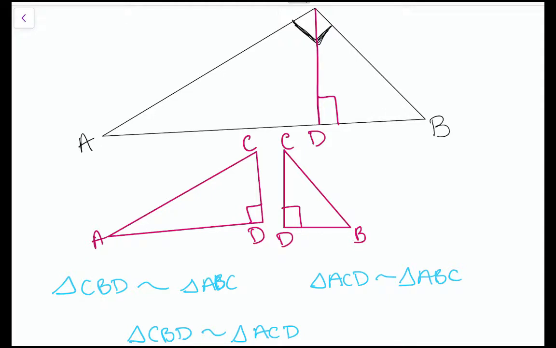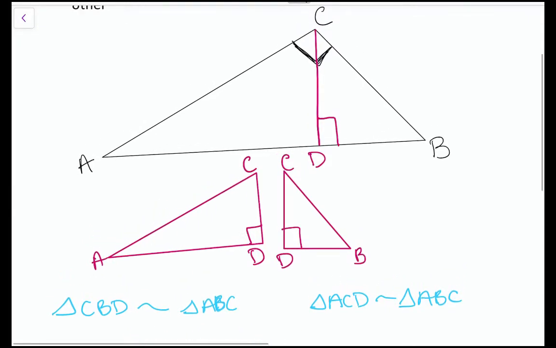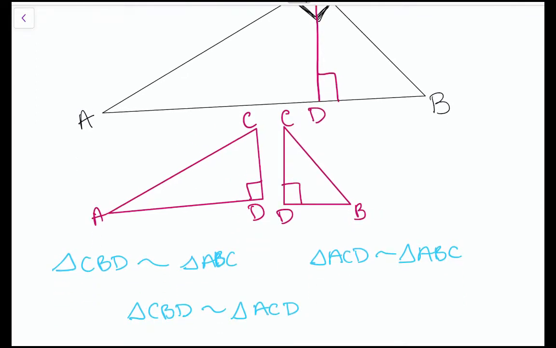So the first two are the two smaller triangles and how they're similar to the original larger triangle. And then the last statement is how the two smaller are similar to each other.